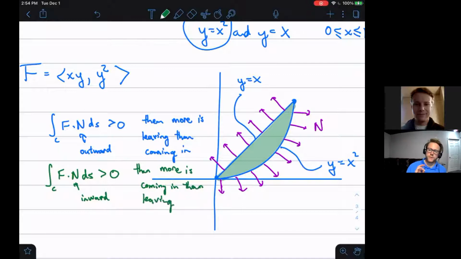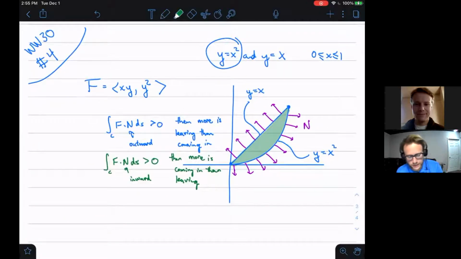And so that's kind of what this normal vector is acting as. You have to decide, are you counting positively the things that are coming in, in which case do inward flux, or are you counting as positives the things that are going out? And in that case, that would be outward flux. So that's what flux is.